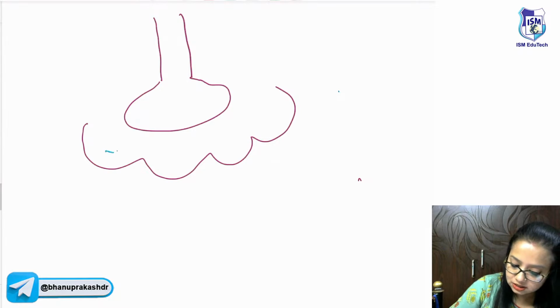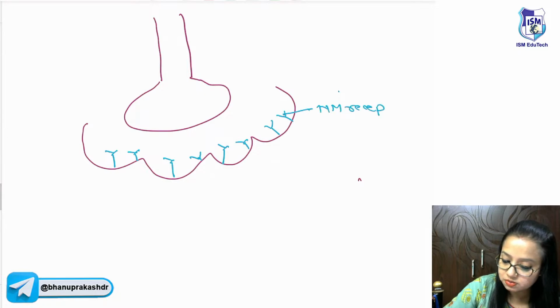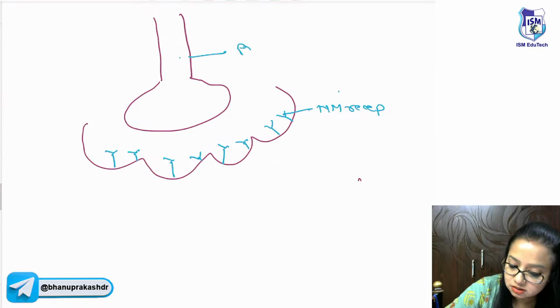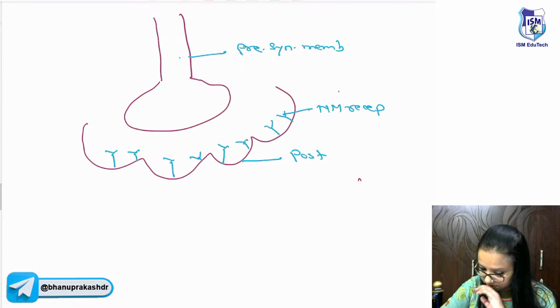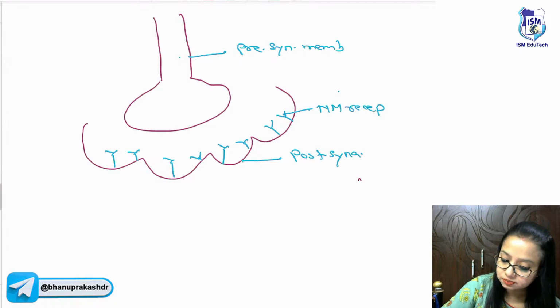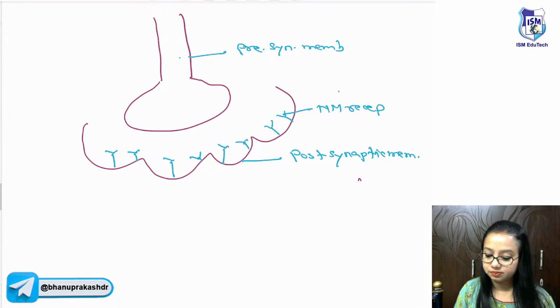And these are the NM receptors. Okay, so these are the NM receptors. This is our presynaptic membrane, and this is the postsynaptic membrane.